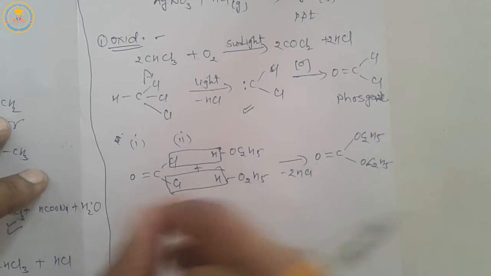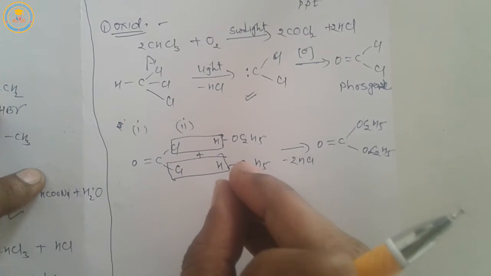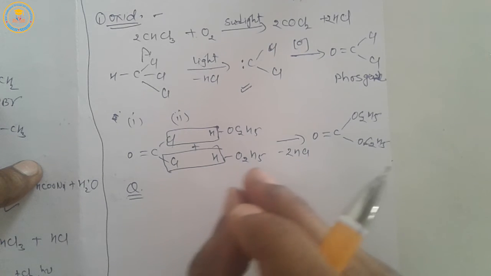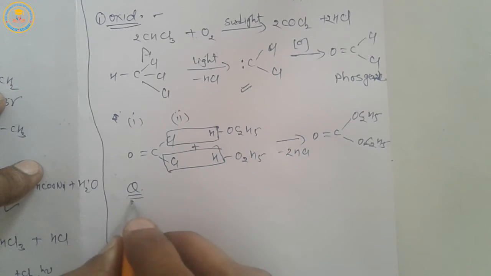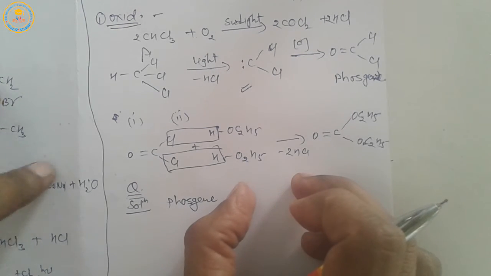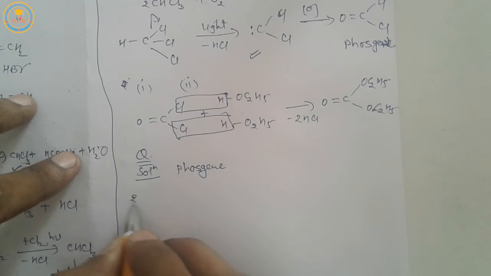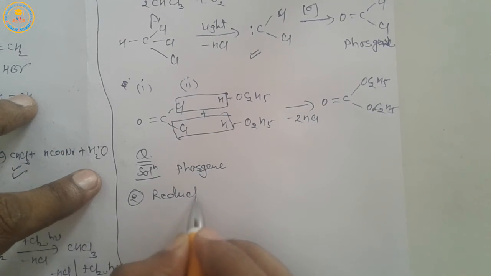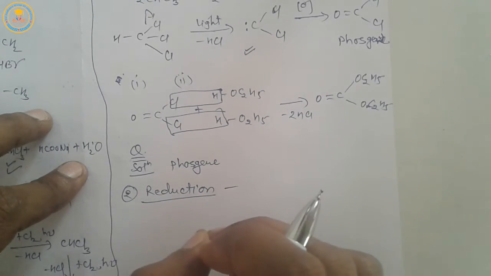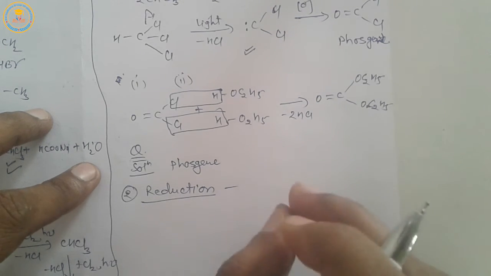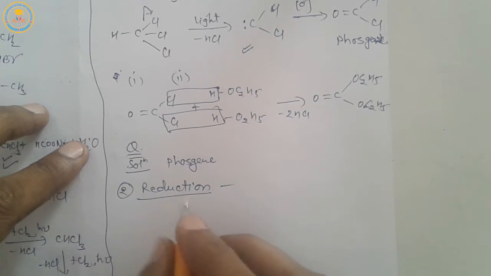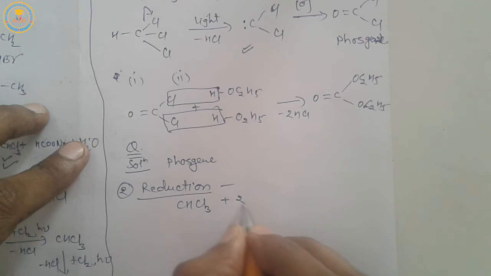Now we take a question: which gas is formed when chloroform is exposed to air? Solution is phosgene. Very important for your board examination. Now next, the second chemical property of chloroform, that is reduction. When chloroform is reduced by zinc HCl mixture, which is a reducing mixture, then methylene chloride is obtained.